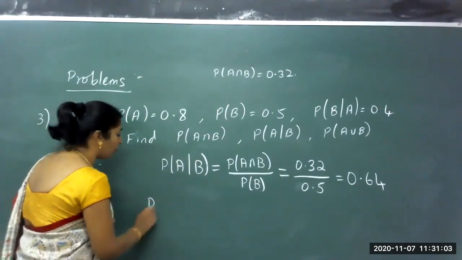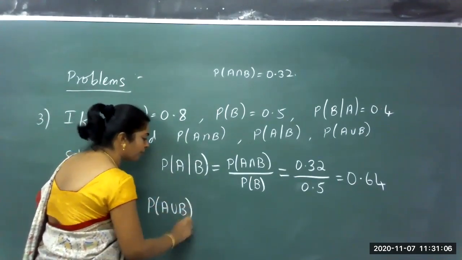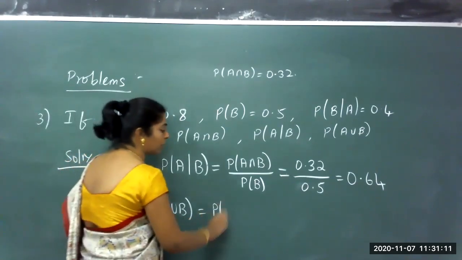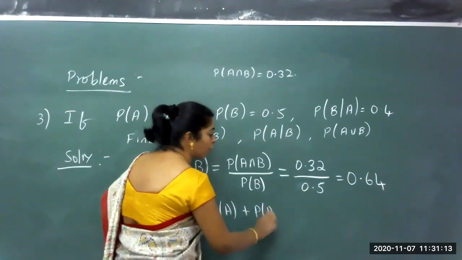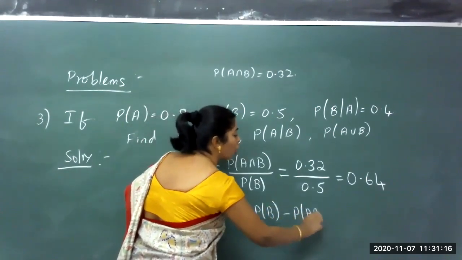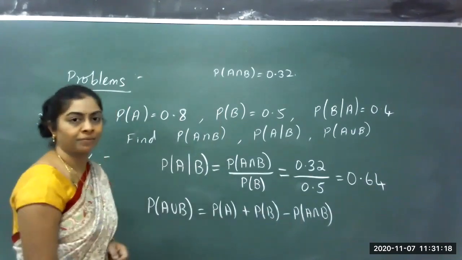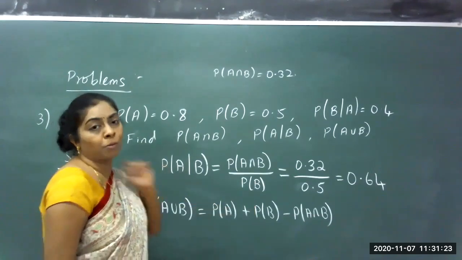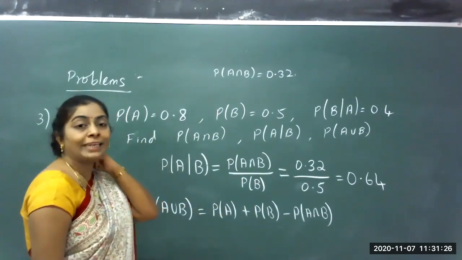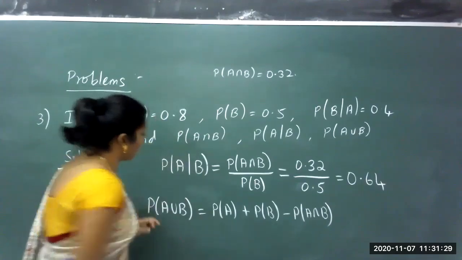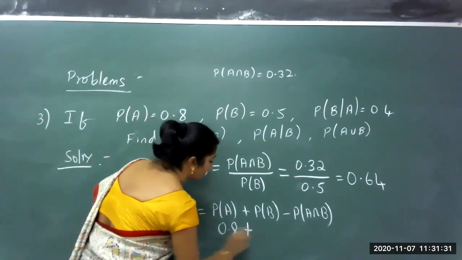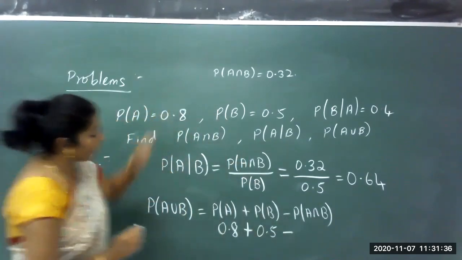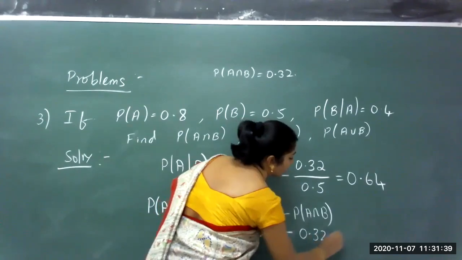Let us find probability of A union B. We have learned the formula for this. What is probability of A union B? Probability of A plus probability of B minus probability of A intersection B. Let me substitute the values. 0.8 plus 0.5 minus, what was A intersection B? 0.32.